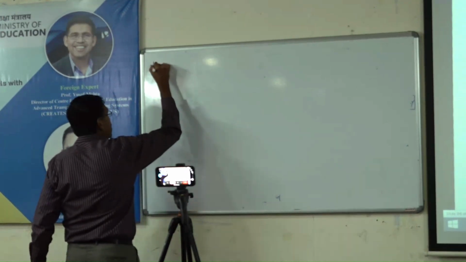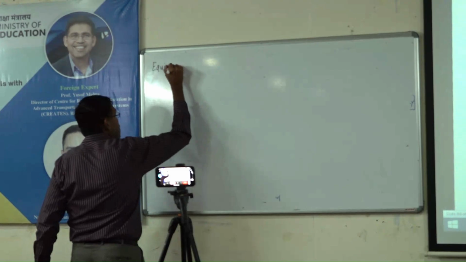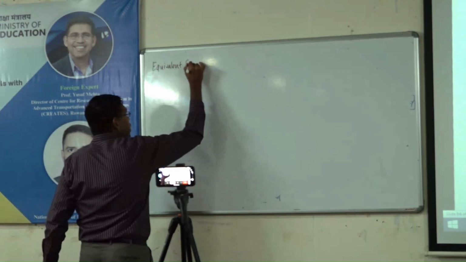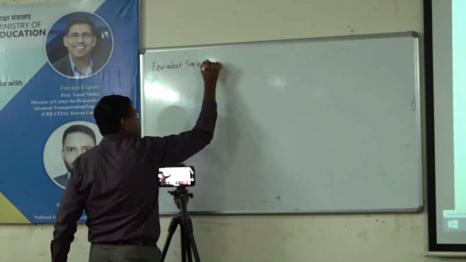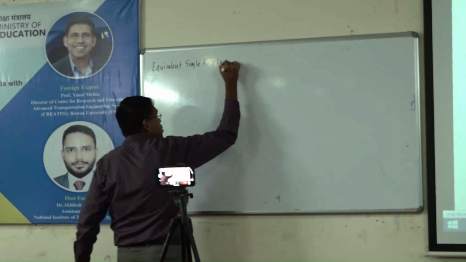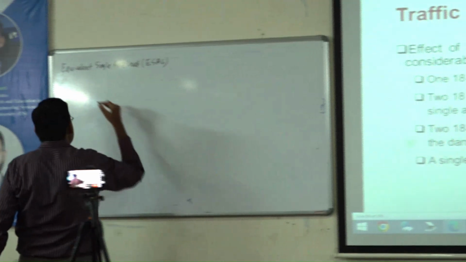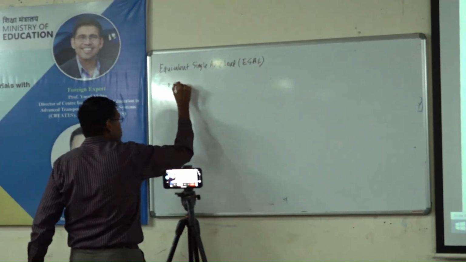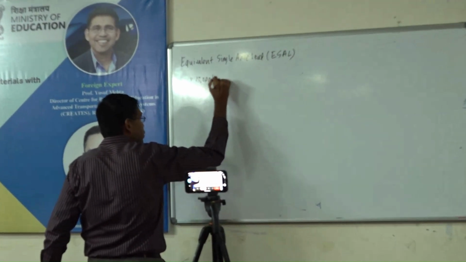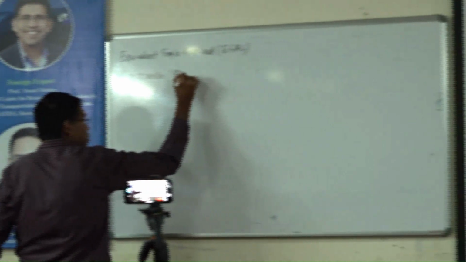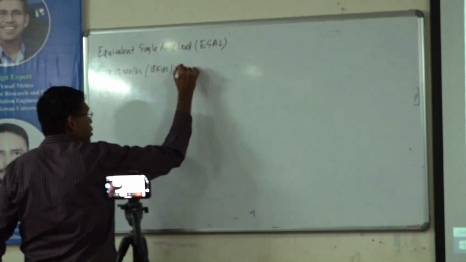There is something called equivalent single axle load, or ESAL, and that is 18,000 pounds, 18 kips, single axle load.